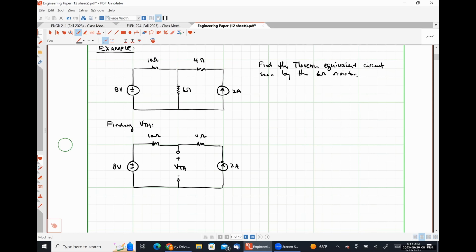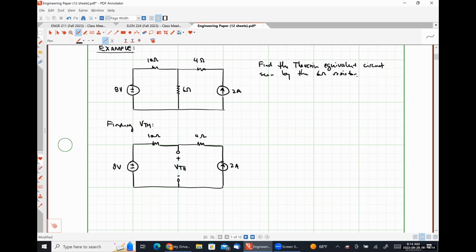So now we need to figure out how to find that Thevenin voltage VTH. Anybody have any thoughts? Well, we have a practical voltage source on the left-hand side, which we definitely could source transform into a practical current source.